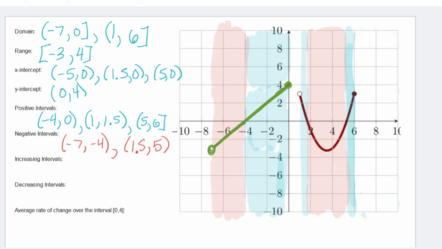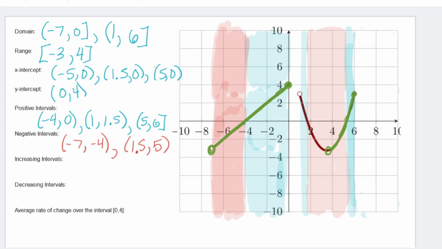I am also going uphill from this piece on. And I actually want to make that an open circle right there, because it's neither increasing nor decreasing right there.